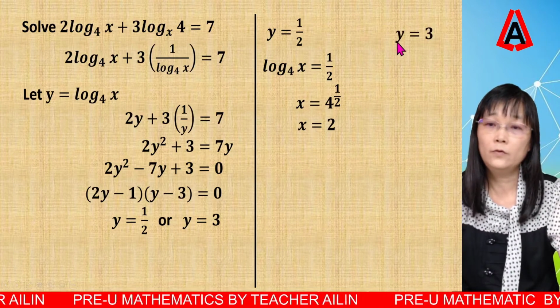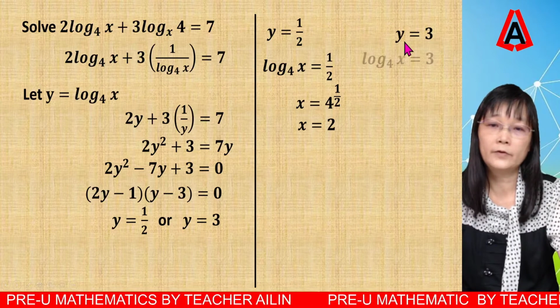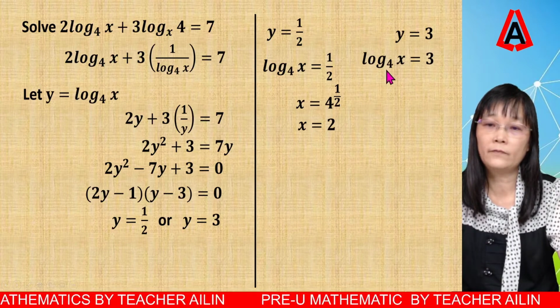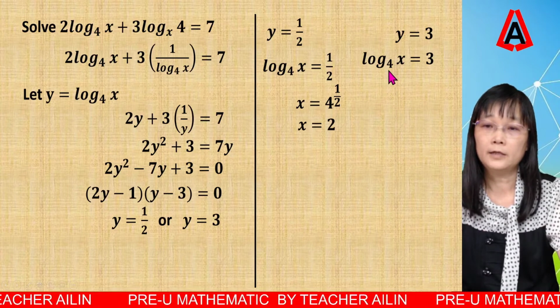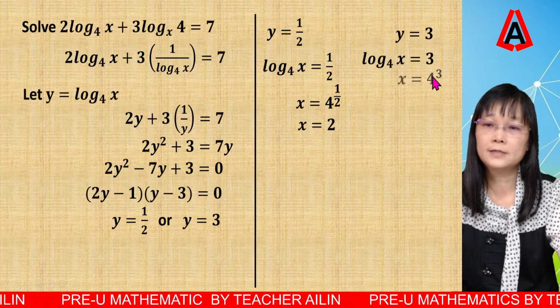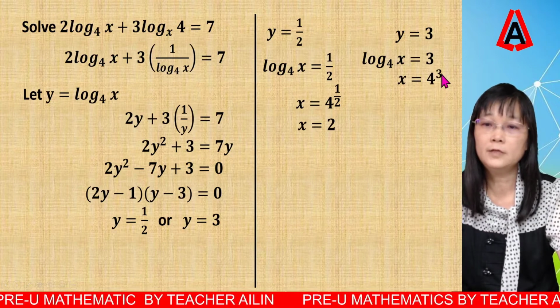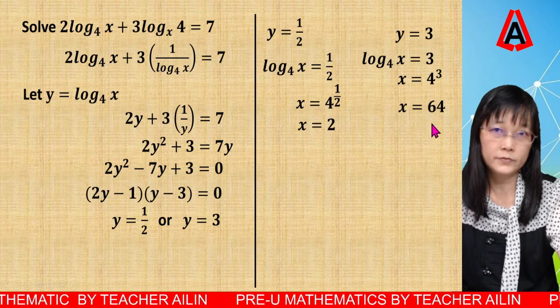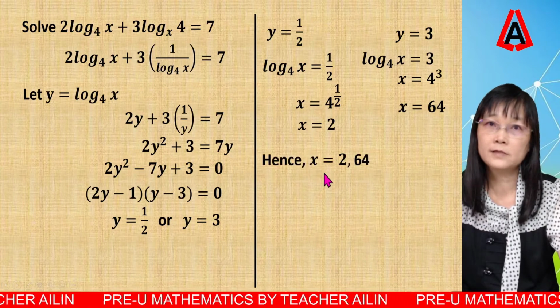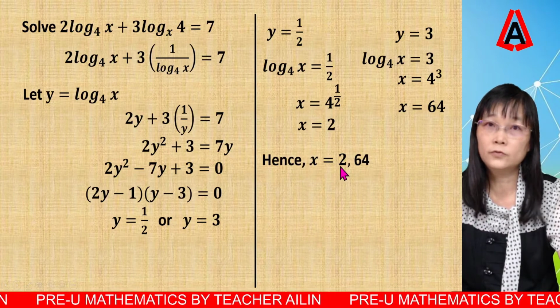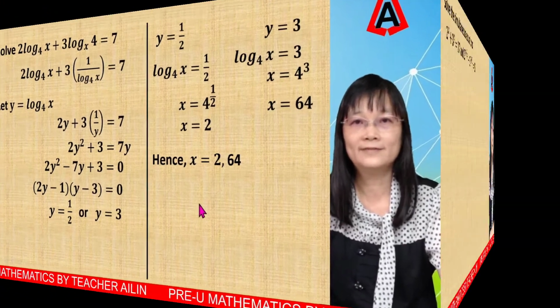For the other value, y is equal to 3. When I replace y with log x with base 4, same thing. If I want to find x, I shift the 4 to the right hand side, becomes 4 power 3. Now x is equal to 64. So finally, the values of x for this equation are 2 and 64.